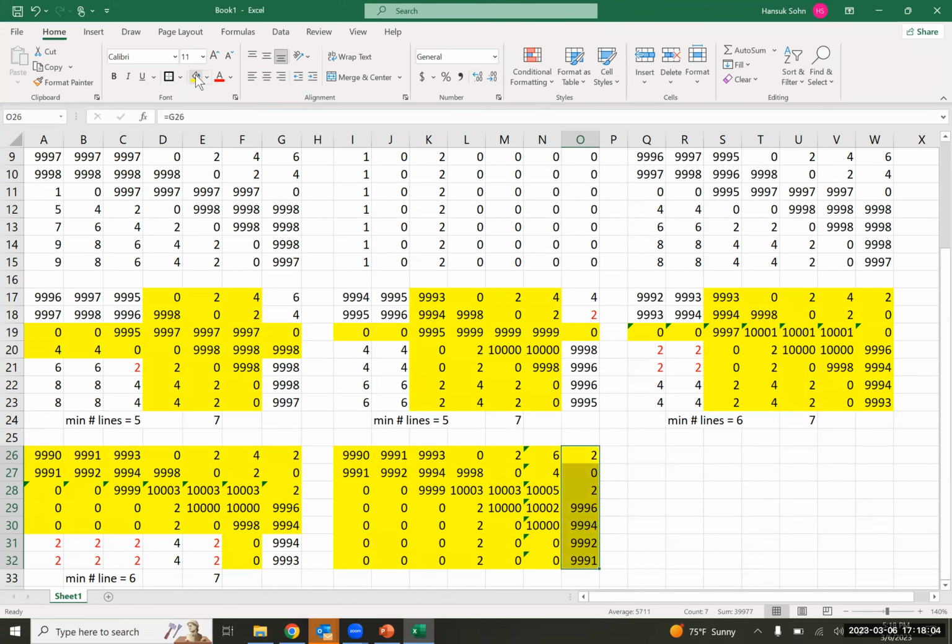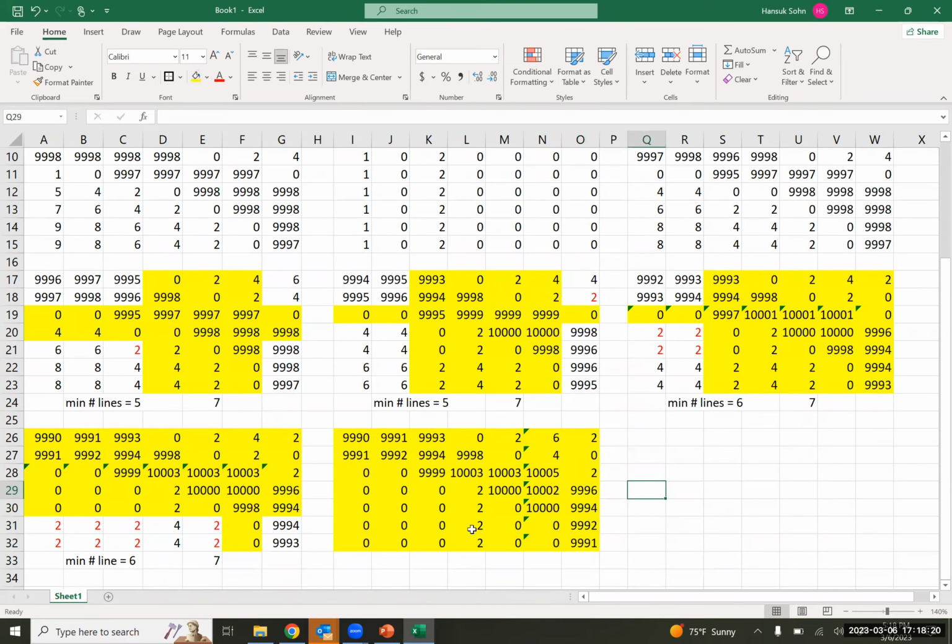Let me double check if 6 lines can cover every 0. So if I draw this 1, 2, 3, 4, 5, 6, 7. Yeah, I don't think 6 lines can cover every zero at the moment. So I believe the minimum number of lines required to cover every 0 should be 7.